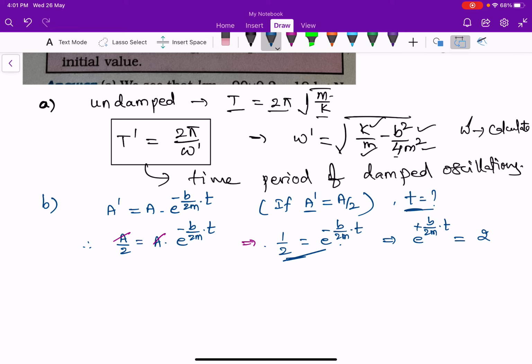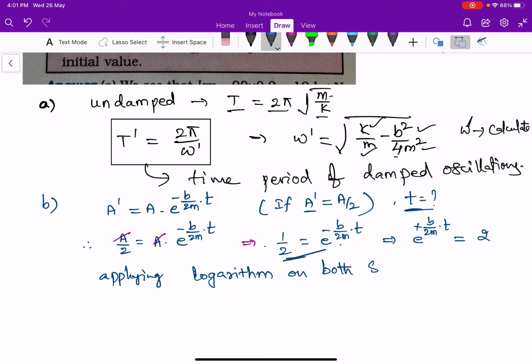Okay, so now applying the natural logarithm on both sides.